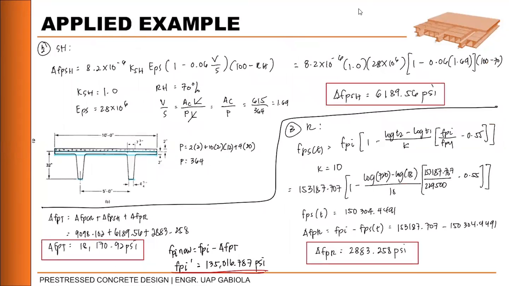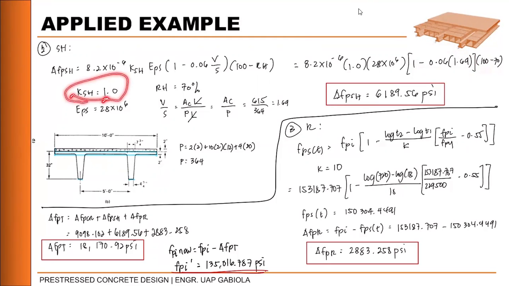Ngayon dito sa shrinkage, hindi naman magbabago yung value ng ating V over S. The same pa din yan. Yung ating relative humidity, hindi din naman magbabago. And then yung KSH natin will remain at 1.0 kapag tayo ay pretension.